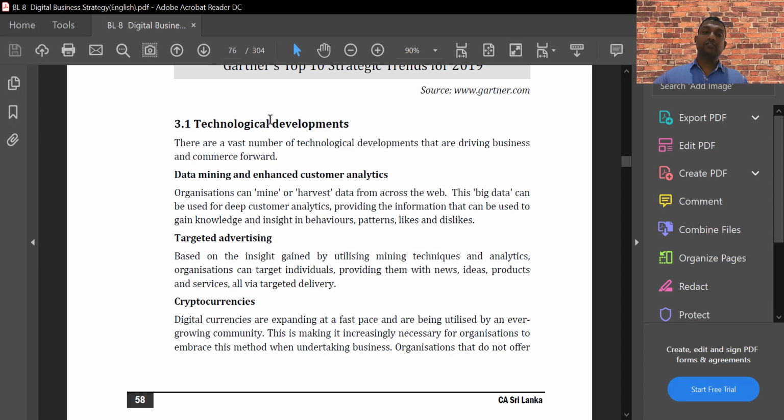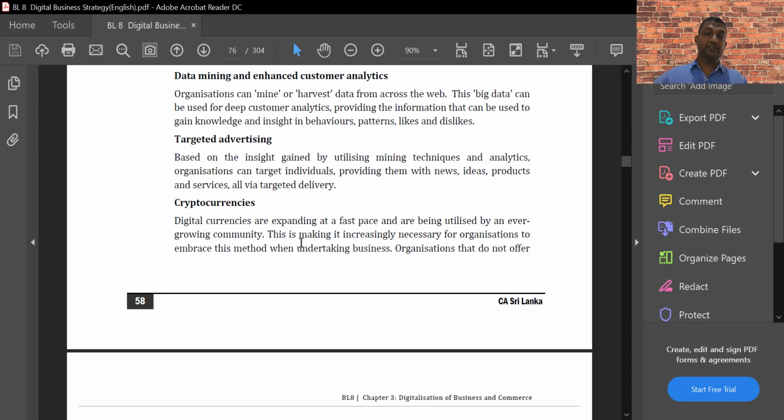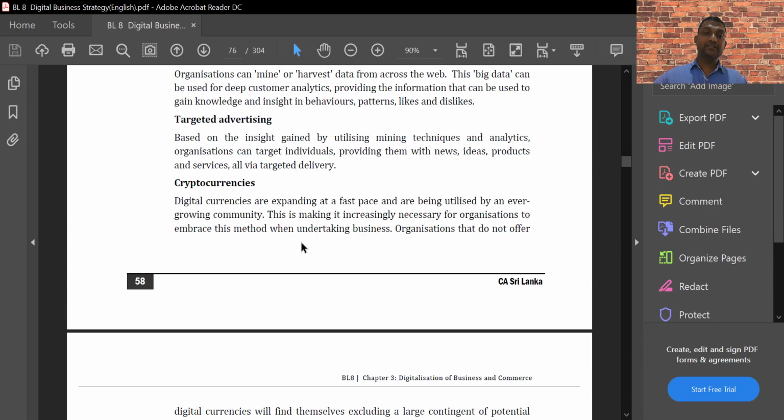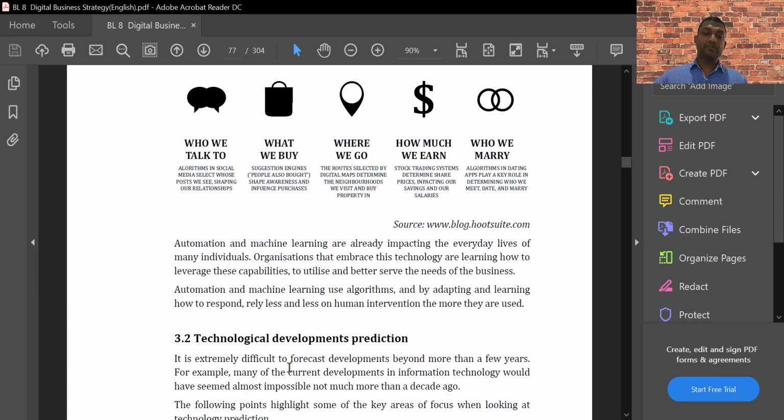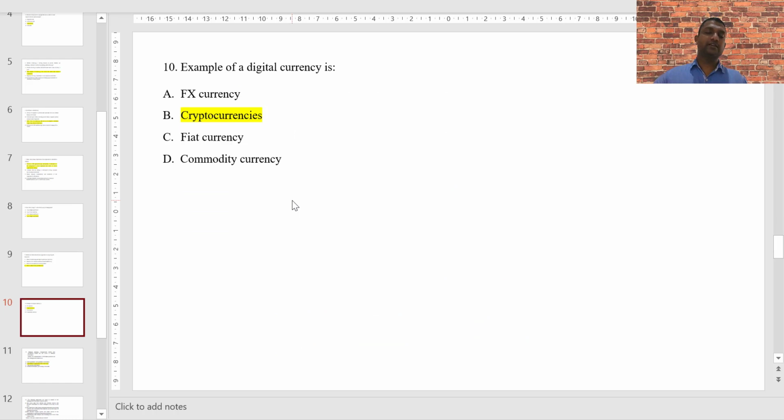there are technological developments. Under this there are several technologies explained, and in this there's a little explanation on cryptocurrencies. So for this type of question, when you are deciding the answer, you can use the knowledge overall that you have. When we look at types of currency with your knowledge, fiat currency, commodity currency and FX currency, I think you have an understanding.